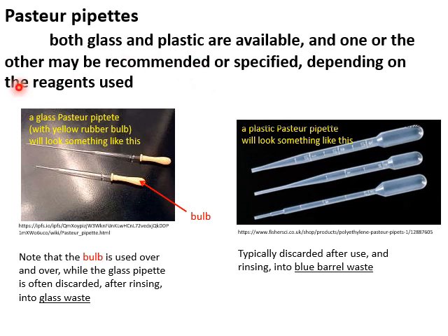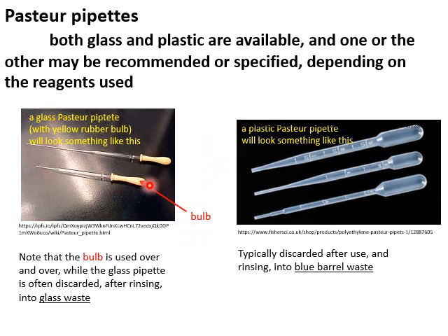And so these are your tools. You have pipettes, there's glass types and there's plastic types. One or the other might be recommended depending on what you're using and depending on the reagents. I usually use these. You can use them for a lot of things.